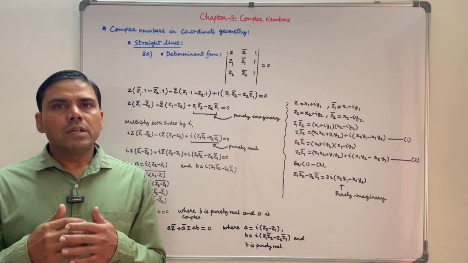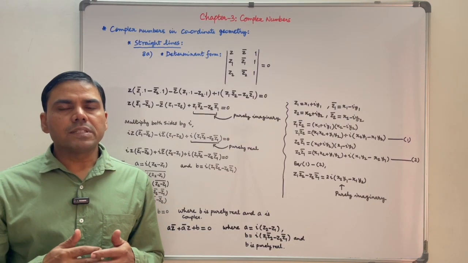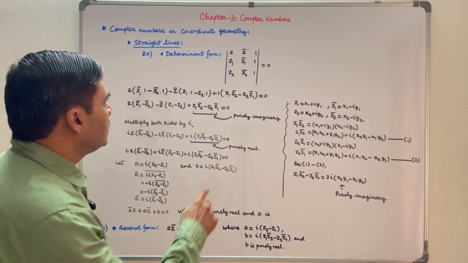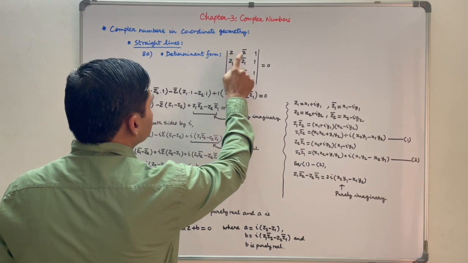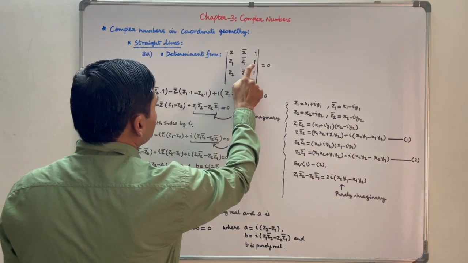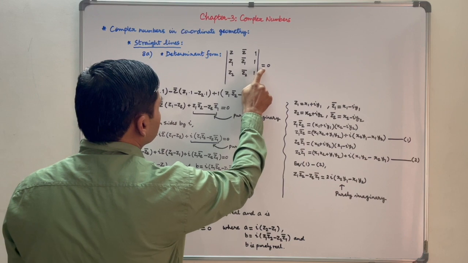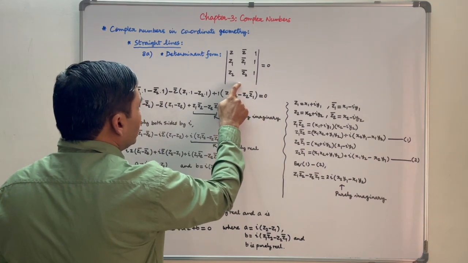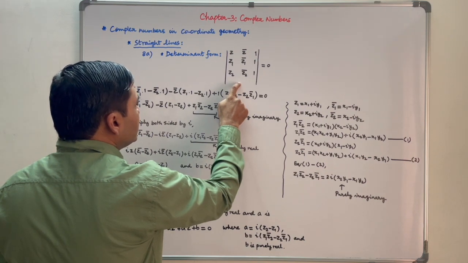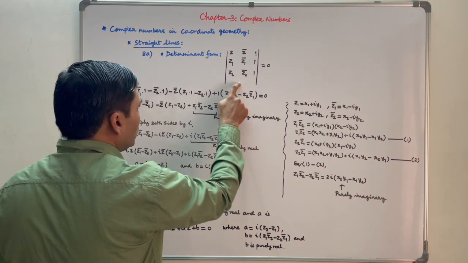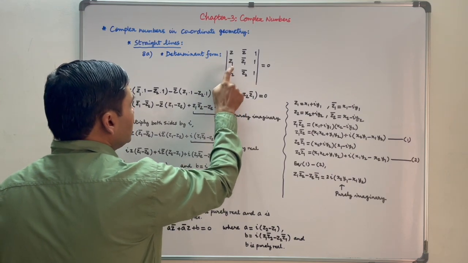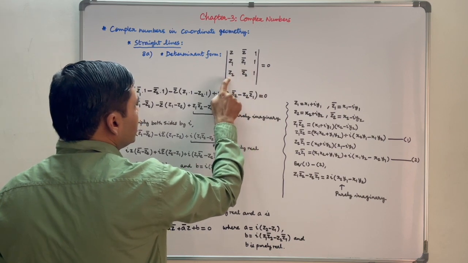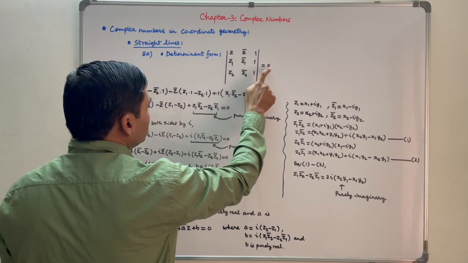Now let us talk about straight lines. We will see equation of straight lines in various forms. First one is determinant form. It is given by determinant z, z bar, 1, z1, z1 bar, 1 and z2, z2 bar, 1 is equal to 0. You can clearly see where it is coming from. We have just now seen that 3 points z1, z2 and z3 are collinear if determinant z1, z1 bar, 1, z2, z2 bar, 1 and z3, z3 bar, 1 is equal to 0.